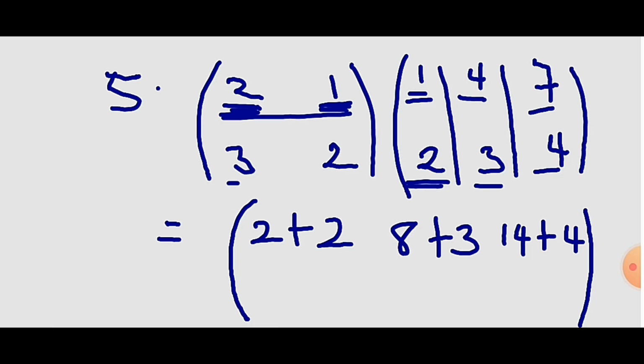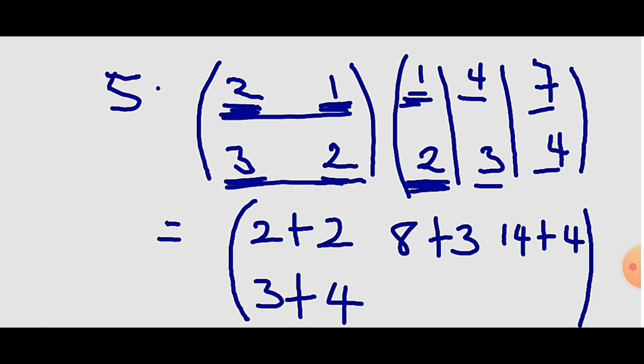Then we come back to the last row and all the columns again. Meanwhile, the first in that row should multiply the first in the column, and the second should multiply the second. So 3 times 1, we get 3, plus 2 times 2, we get 4. We are going to the second column using the second row.